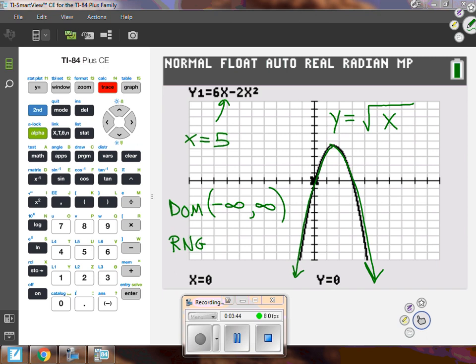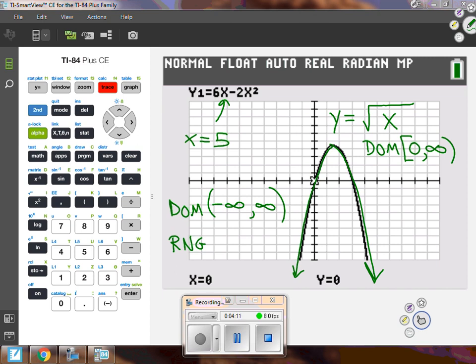No. In that case, I can't put in negative numbers, so this domain would go from 0 to infinity. That's how you say non-negative numbers, from 0 to infinity. Is this the first time you're seeing interval notation in any math class, or did you see it in Algebra 1?